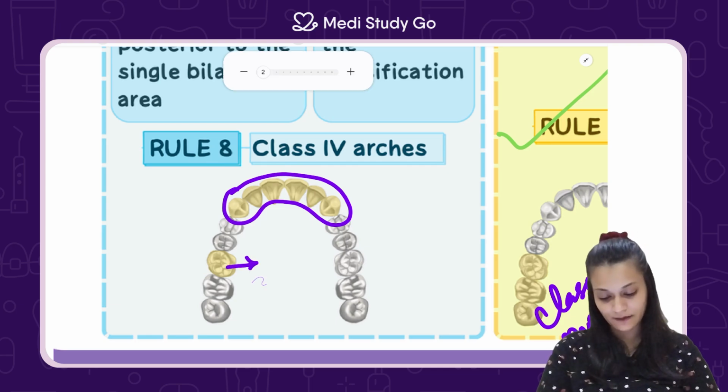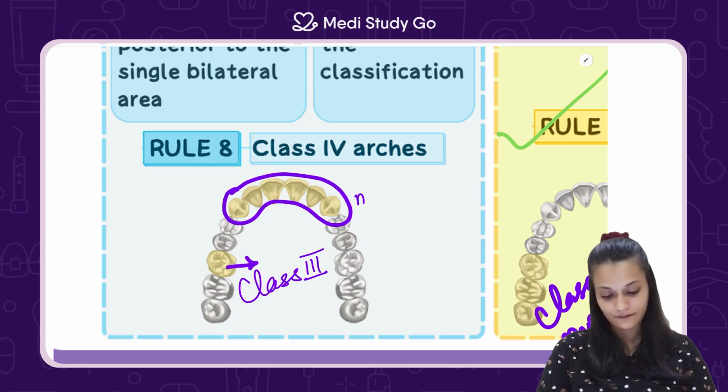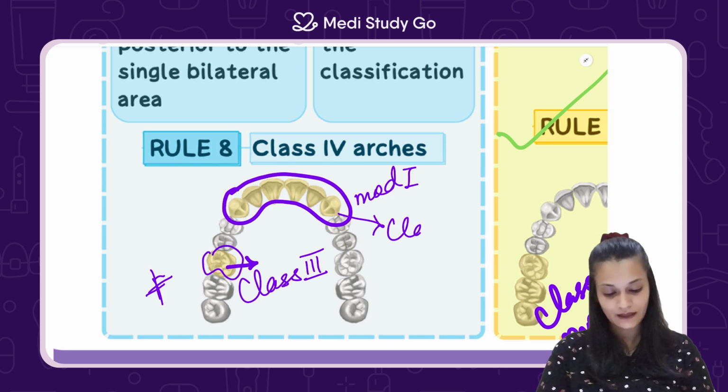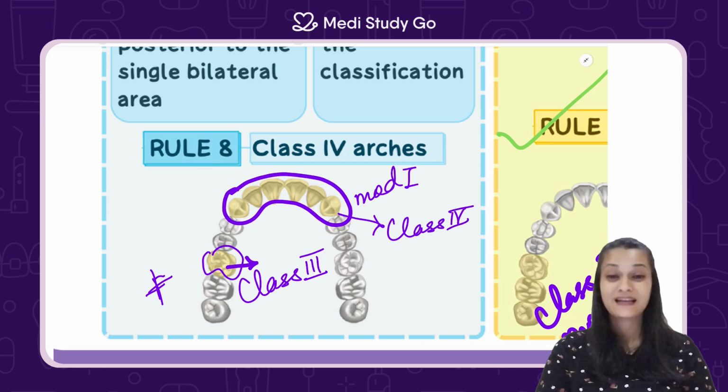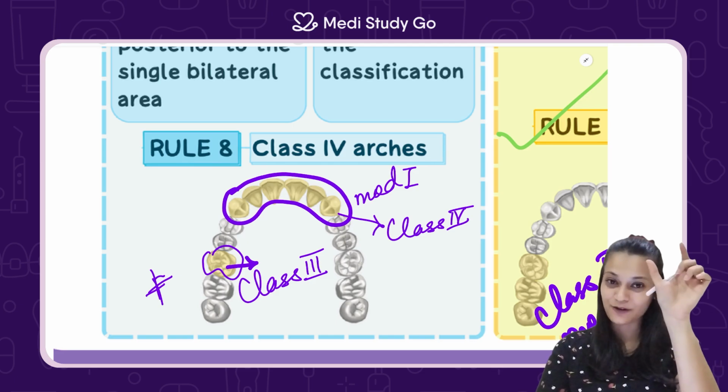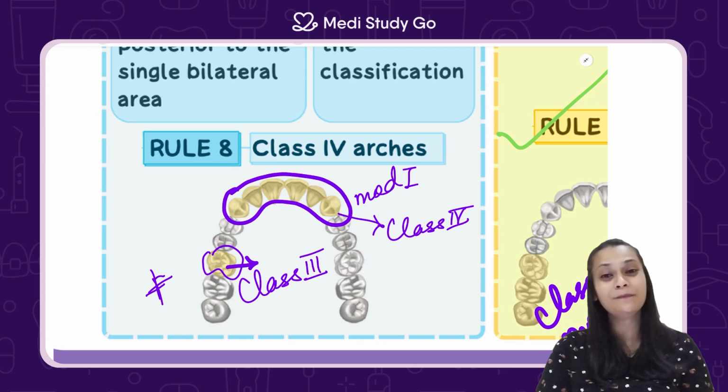This is going to become class 3 mod 1. And if this was also present, then this would have simply become class 4. So class 4 can never have modification space. If modification space is present, the classification changes and the space that was actually going to be class 4 will become modification because it's anterior.